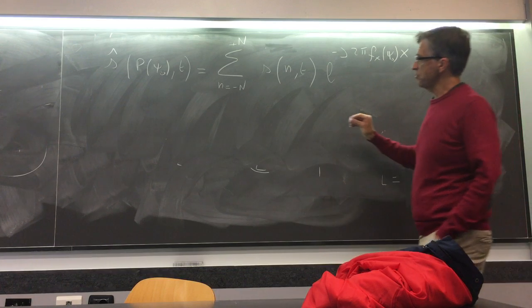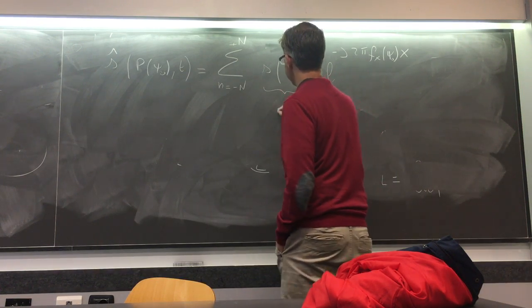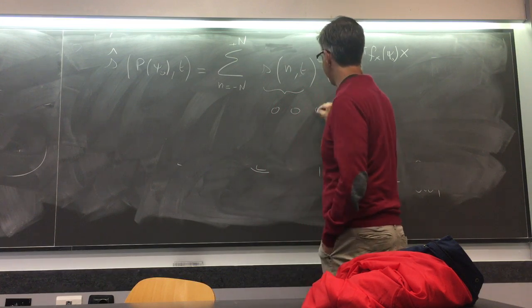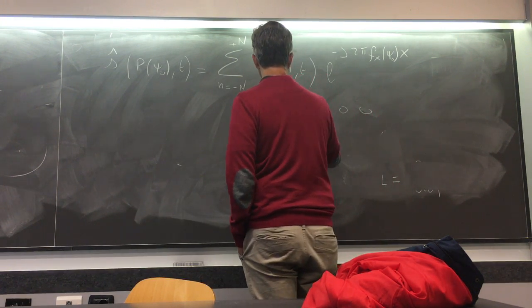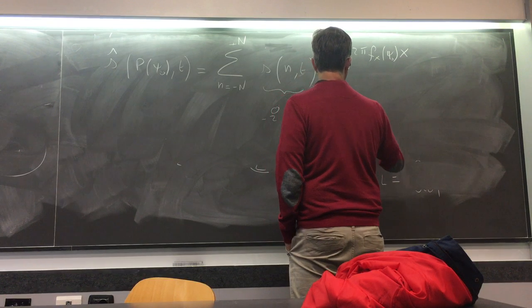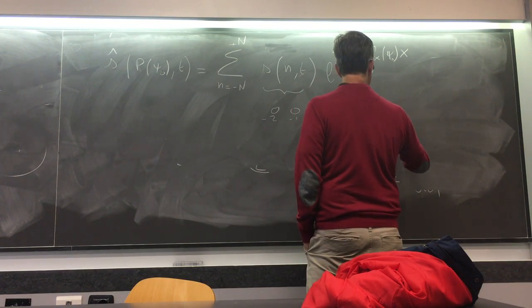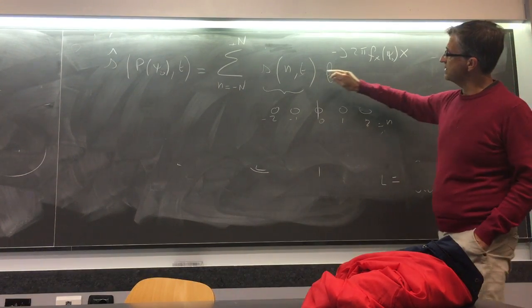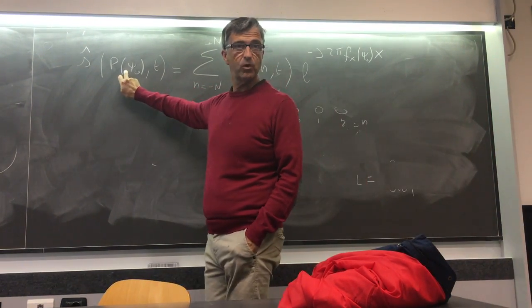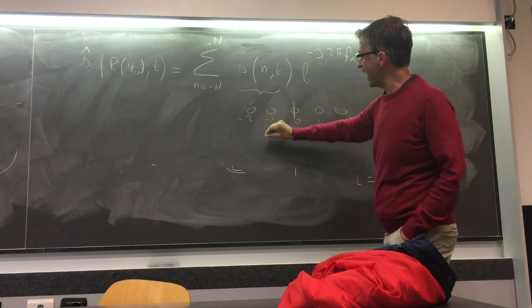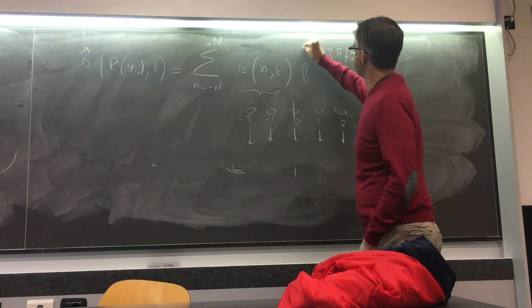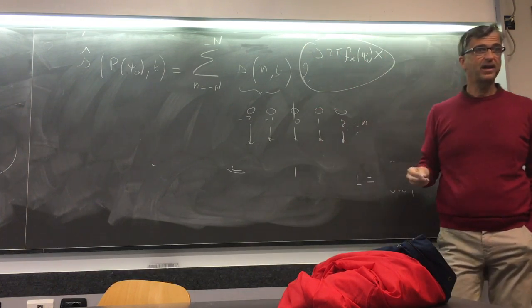So I take the signal that comes from all the antennas. Here, for example, I have 5 antennas, -2, -1, 0, 1, 2. This is the value of n. And depending on the direction that I want to estimate, I combine these values with different coefficients.